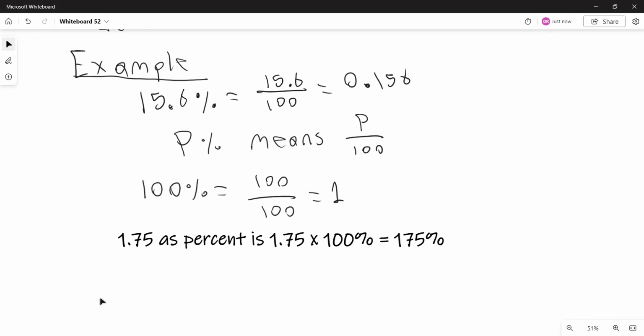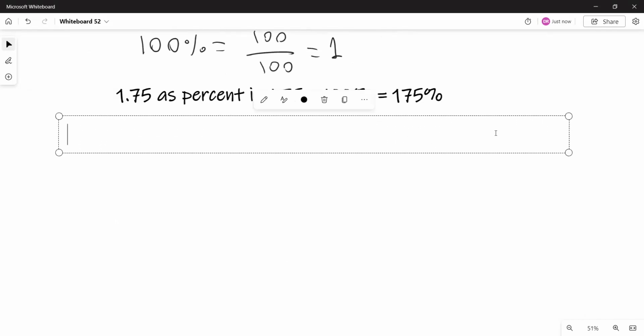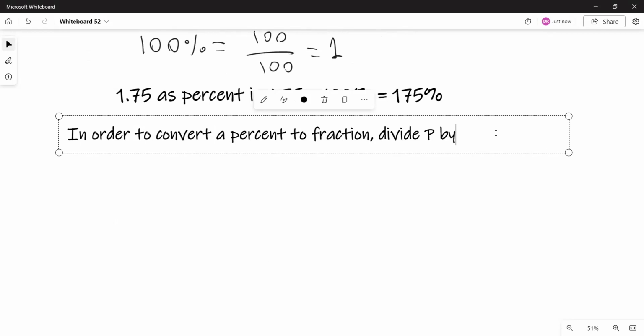Okay, so we have several exercises. Suppose that you want to convert a percent to a fraction. In order to convert a percent to a fraction, you divide the number by 100 and simplify the fraction if necessary.